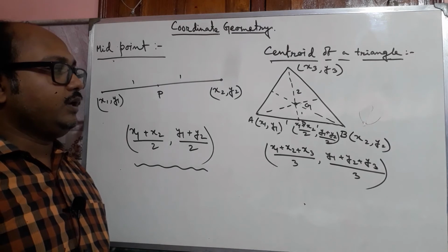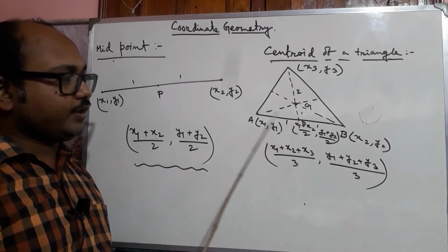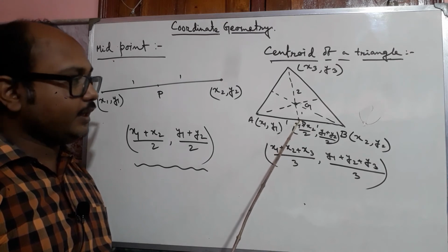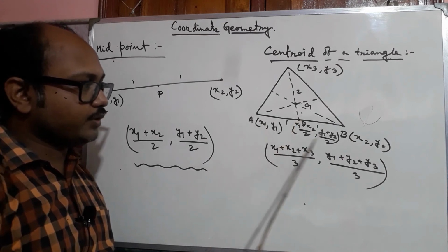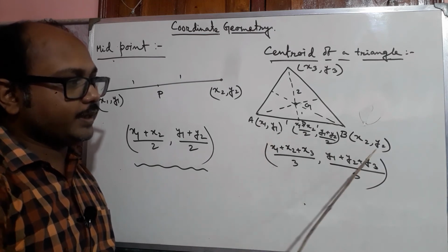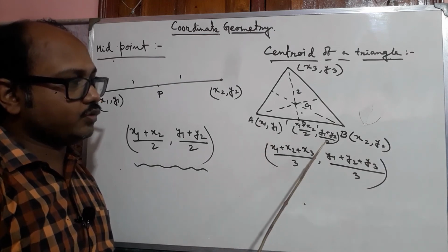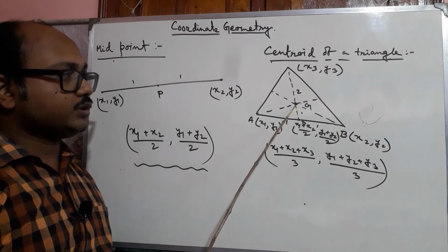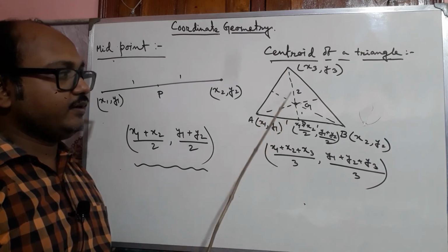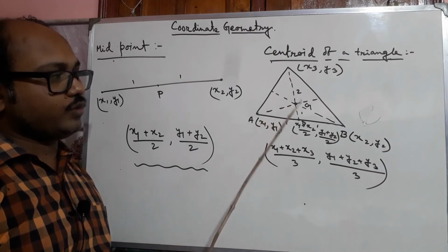How? As D is the midpoint of AB here, we know the coordinates of D: the sum of the abscissas by 2 and the sum of the ordinates by 2, that is ((x1 + x2) by 2, (y1 + y2) by 2). Now this centroid divides the median in the ratio 2:1.